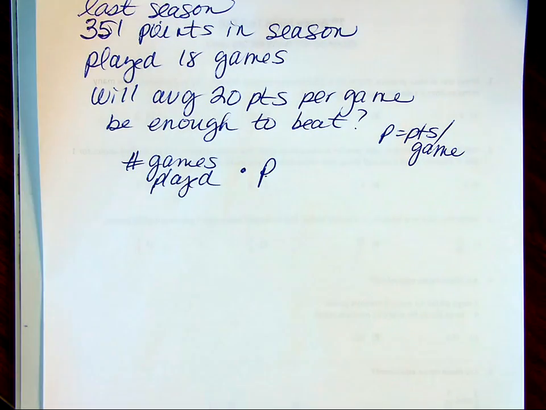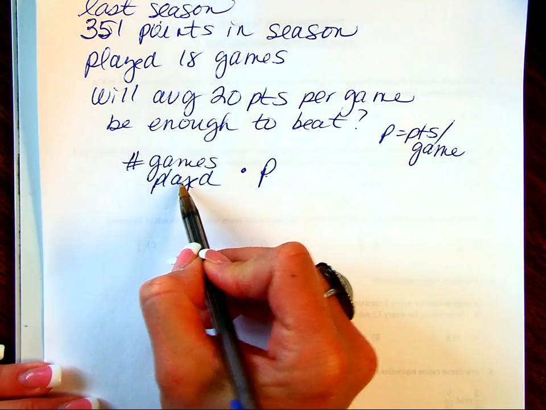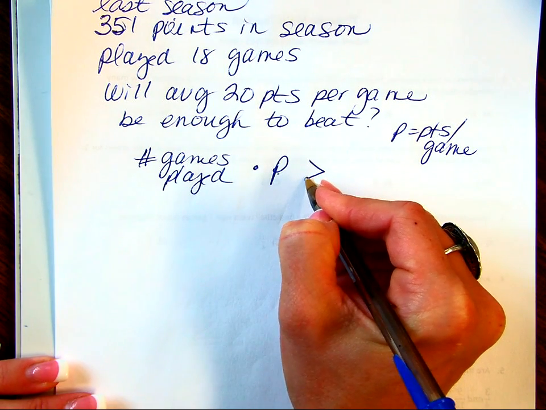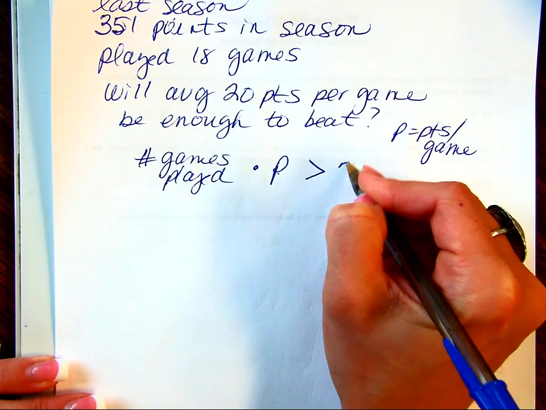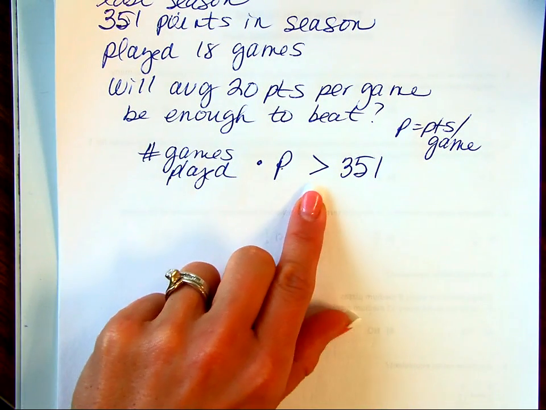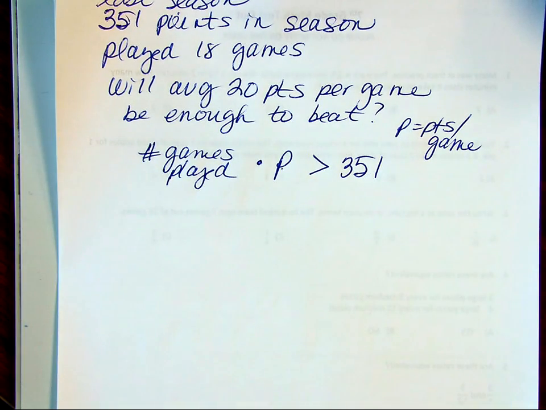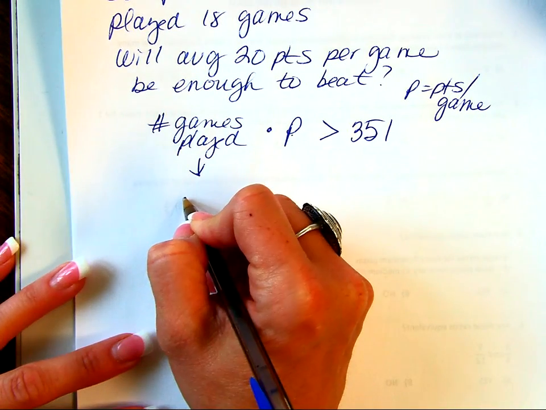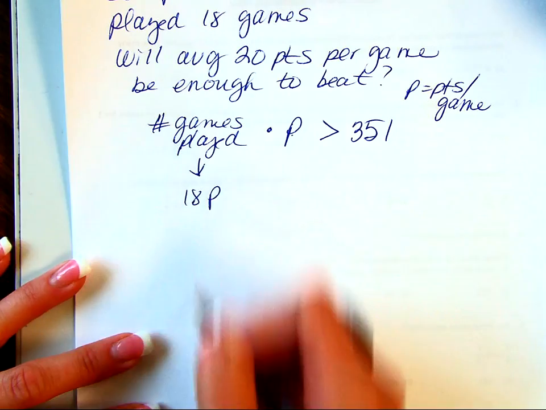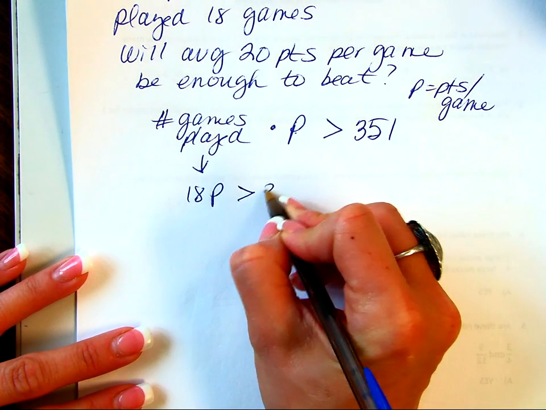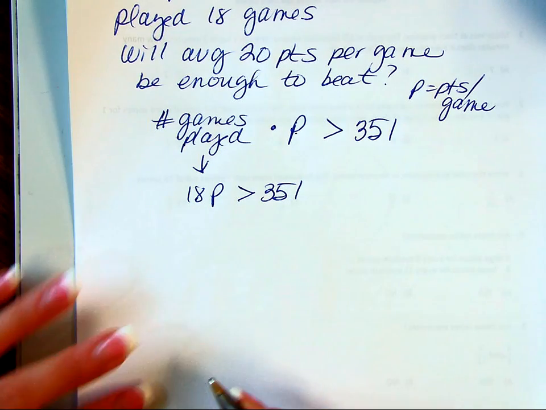So take the number of games he played, multiply it by P, and that score needs to be greater than the 351. Because if it's equal to it, it means he tied his record, and we don't want that. So how many games did he play? 18. Times the number of points per game. And we want that to be greater than, not or equal to, 351.